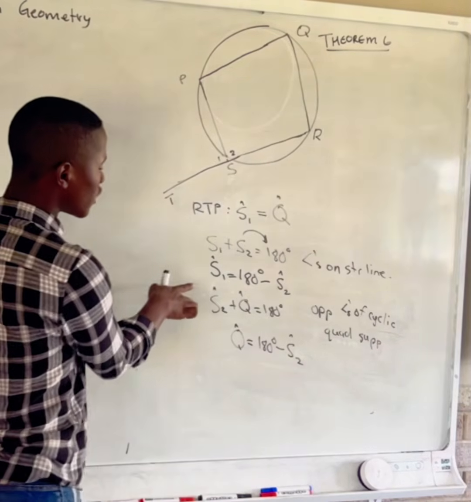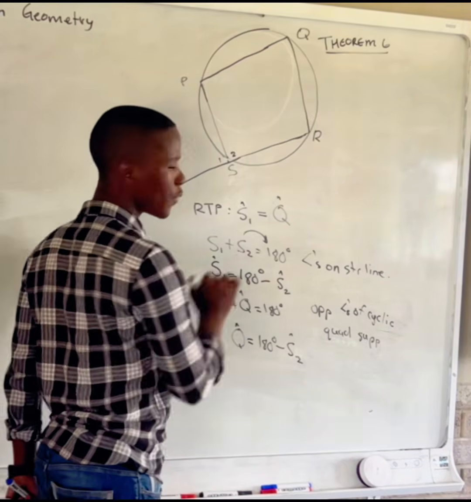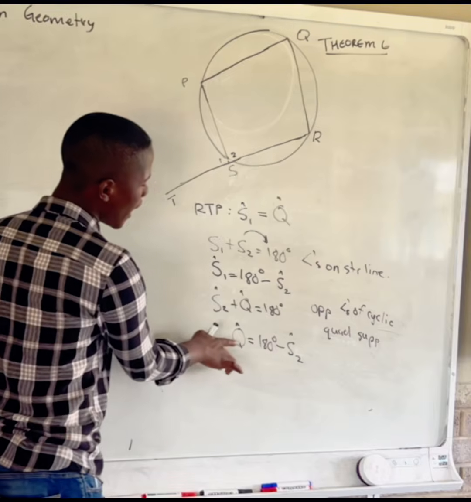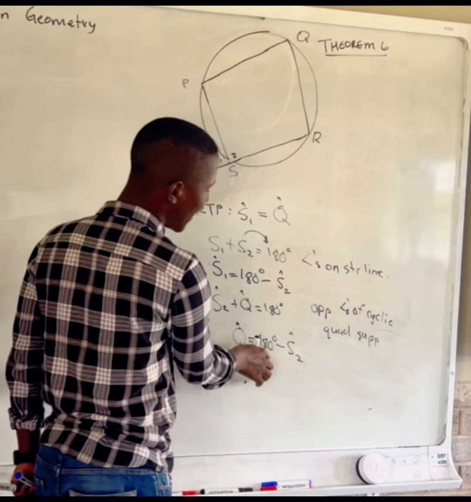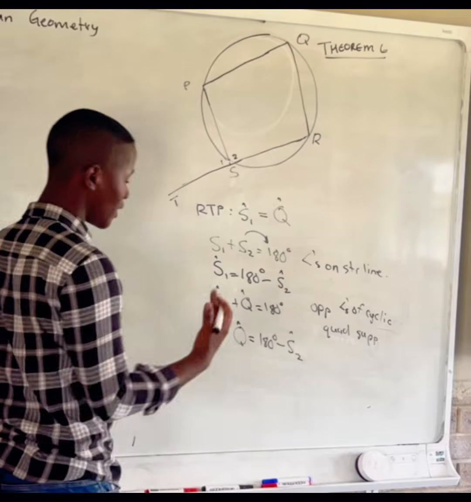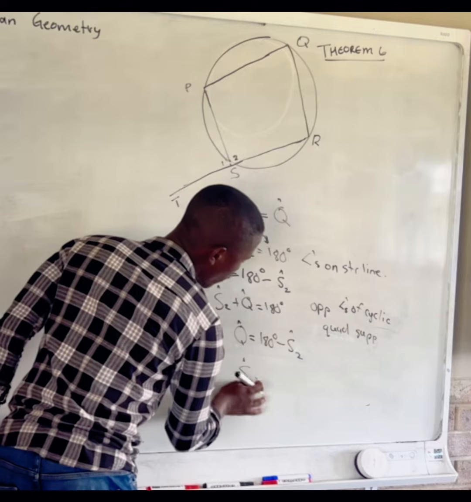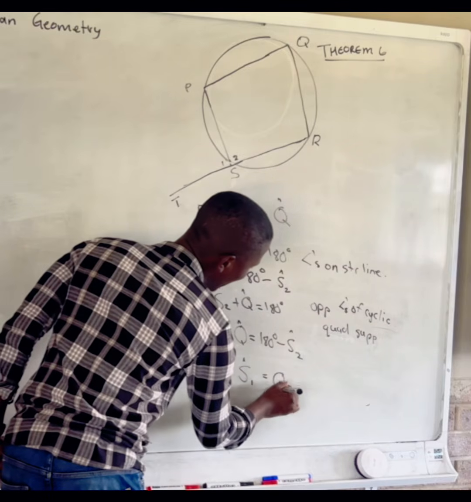Now, can you see that your angle S1 is equal to 180 degrees subtract your S2? So your angle Q is also equal to 180 degrees subtract your S2. So therefore you can conclude that your angle S1 is equal to your angle Q.